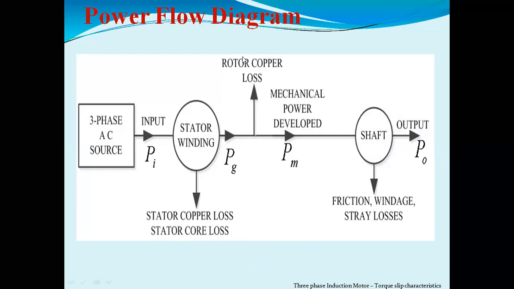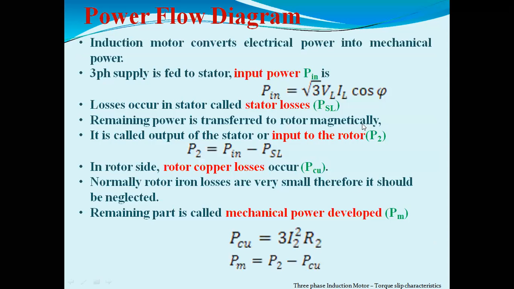We will get copper loss at the rotor also, and we will get the mechanical power developed at the shaft. So when we are using the induction motor, there will be power loss in the form of stator loss, rotor loss, and the output in the form of mechanical power.